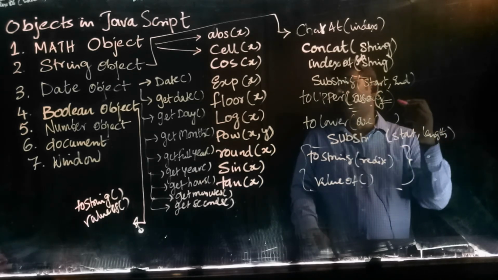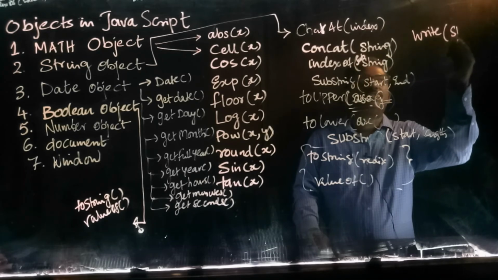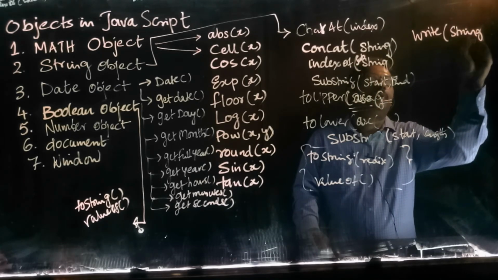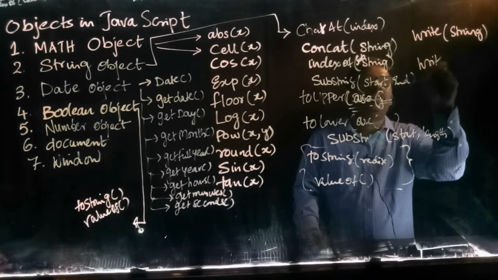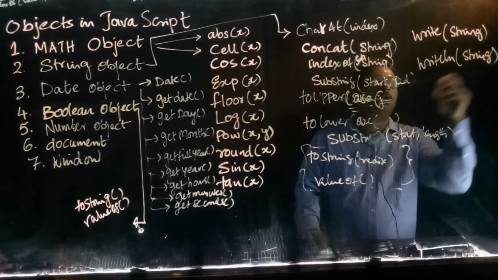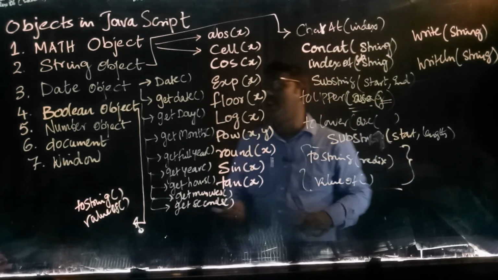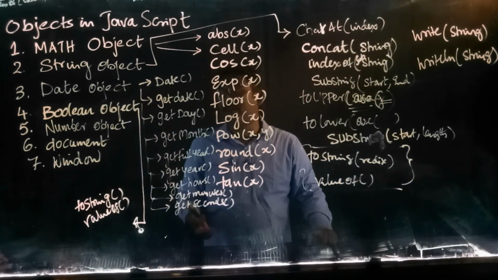The document object will give you the write statement, write string and writeln string. So these are the different objects which are generally used in JavaScript.